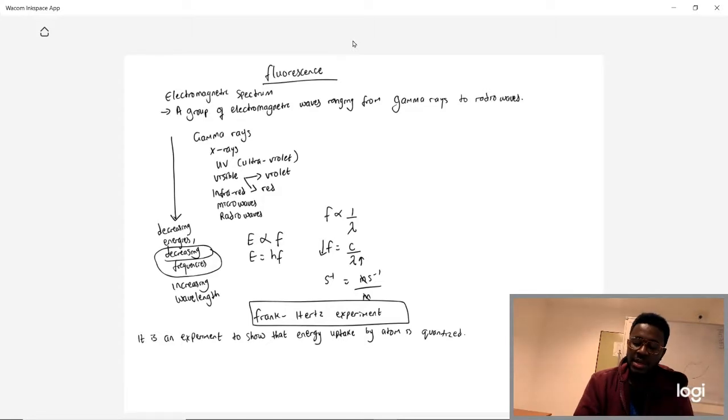So that means atoms take up energy in photons, right? What's a photon? Quantized packets of energy. Exactly. Photons are packets of energy, packets of electromagnetic radiation.